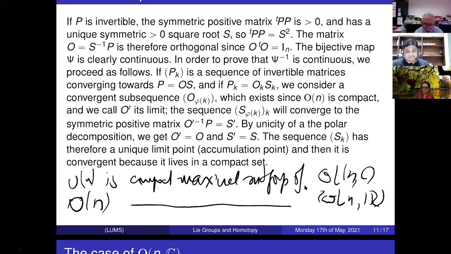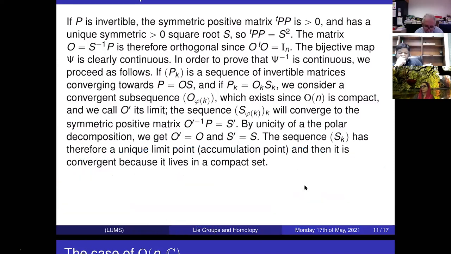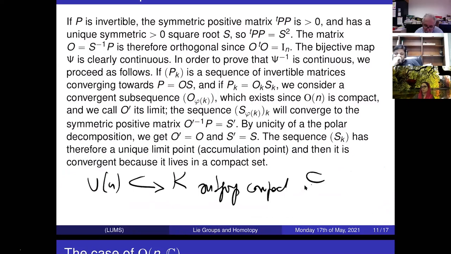So how do we prove this? Let me give a very quick proof. If you take UN and put it inside a compact subgroup K of GLNC, we must prove that K equals UN.